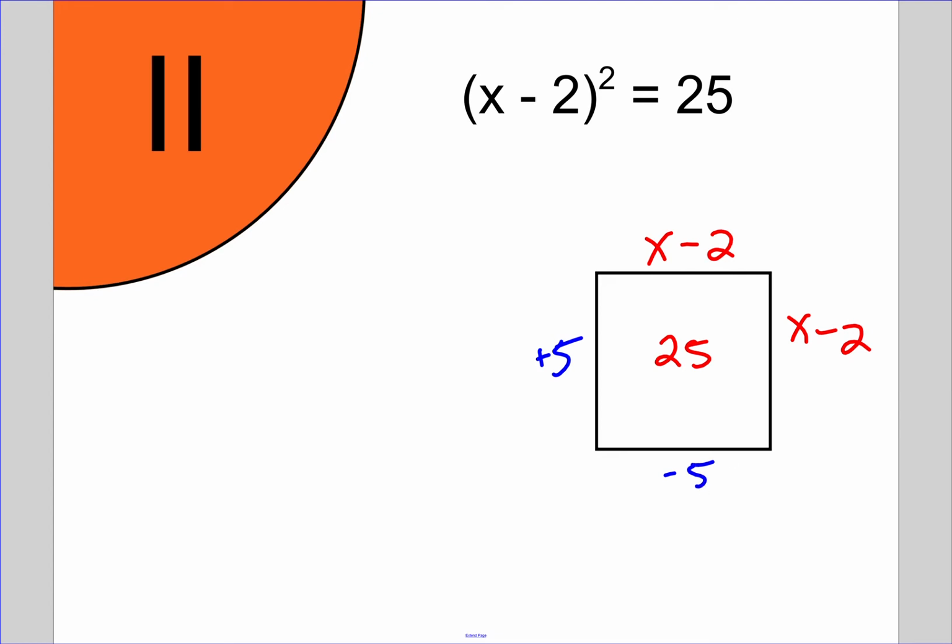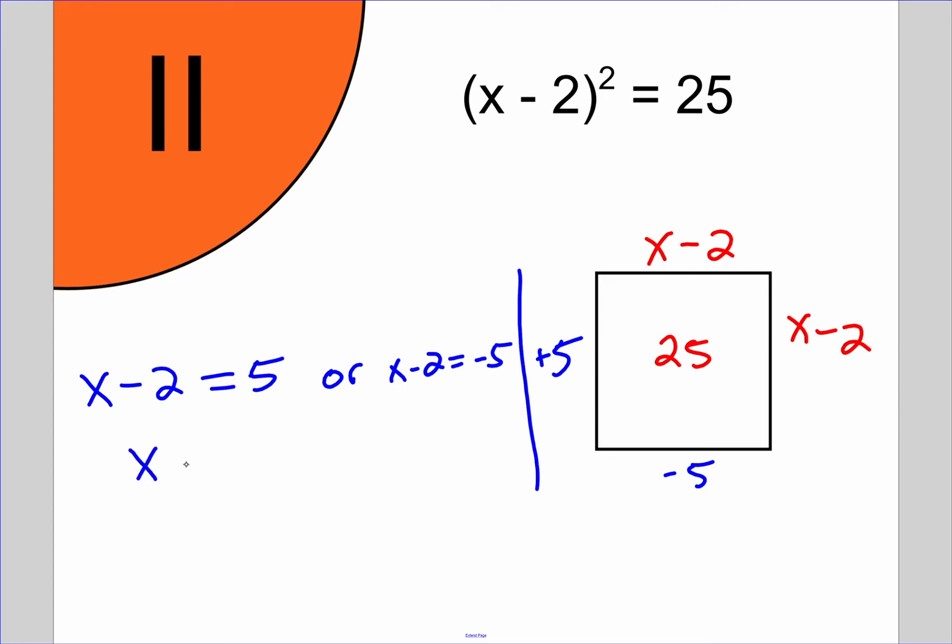And so we can set up two equations here: x minus 2 is equal to positive 5, or x minus 2 is equal to negative 5. We'll solve each of them by adding 2.